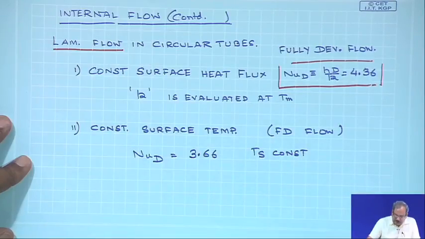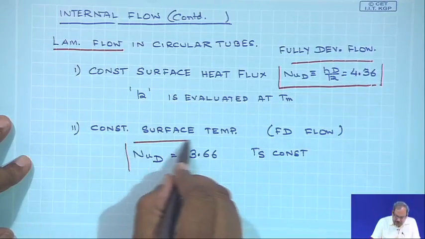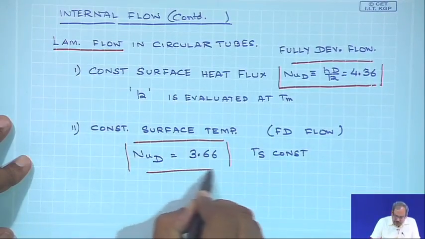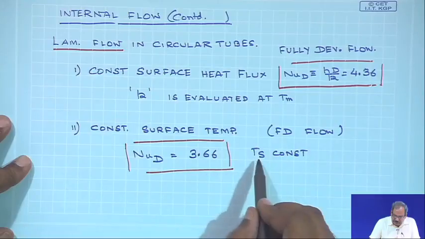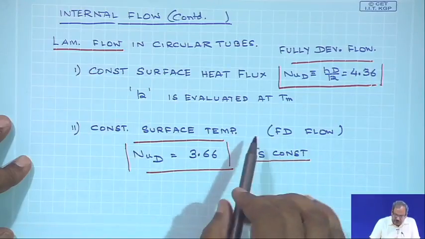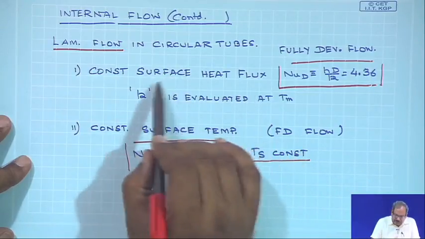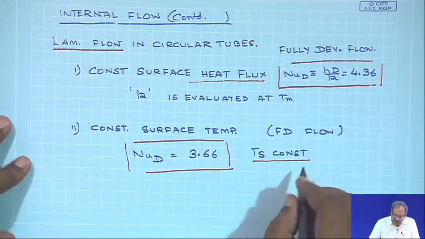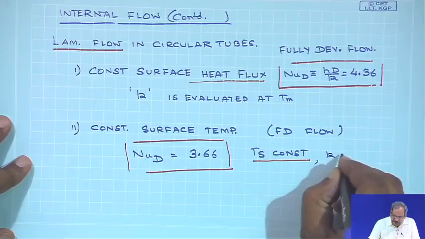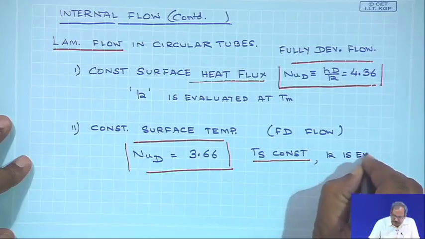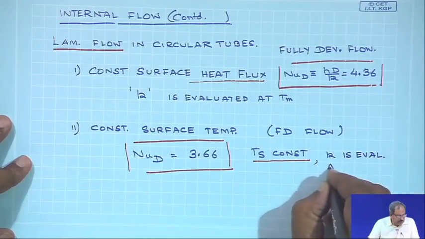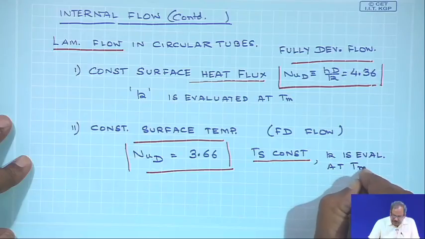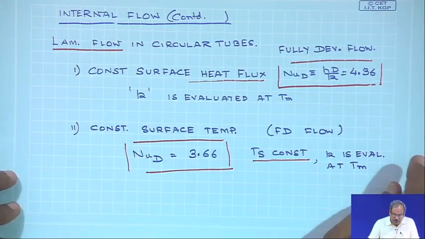So, that is the other relation which we have for the case of constant surface temperature. Ts is a constant, whereas in the other case it is the surface heat flux which is a constant, and as before the k is evaluated at Tm, which is the mean temperature of the fluid.